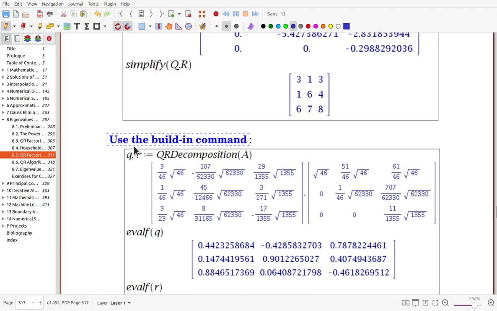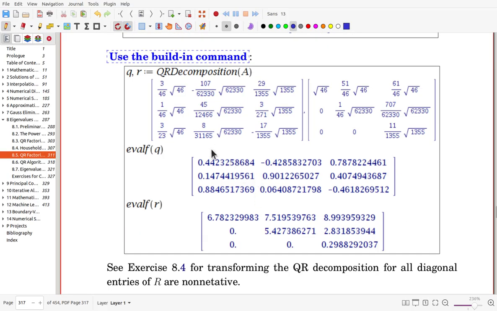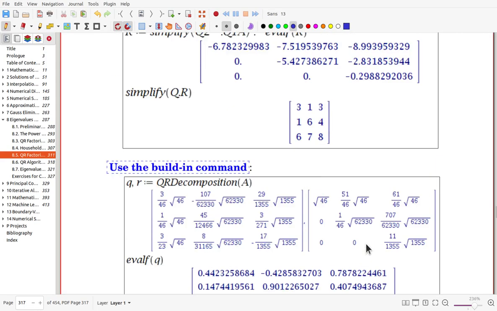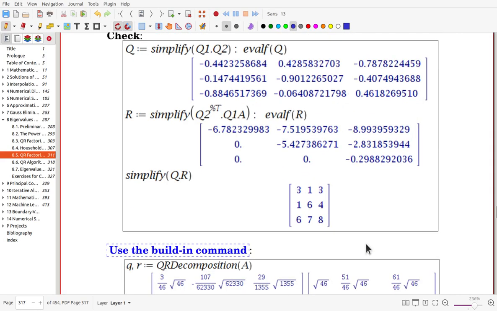Now let's check using the built-in command. In Maple, the command is QRDecomposition. Then we have that. Now we can print out the numeric values and compare this and over there. The only difference is a sign here, and this computation is done without considering diagonal entries.